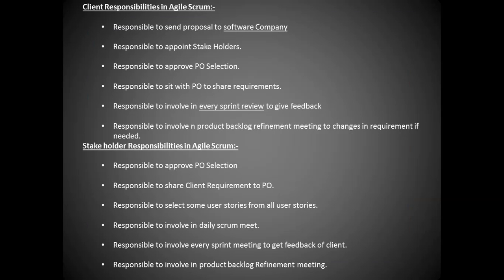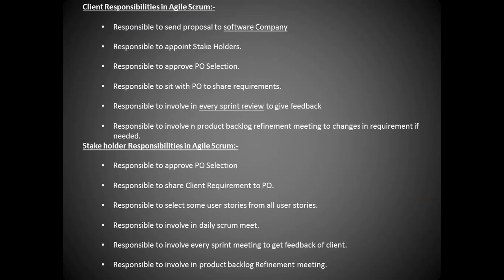What are the client's responsibilities in Agile Scrum? He is responsible to send the proposal to the software company. He is responsible to appoint a stakeholder. He is responsible to approve the PO selection, meaning product owner selection.